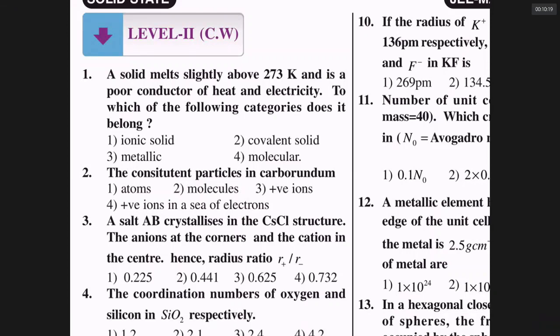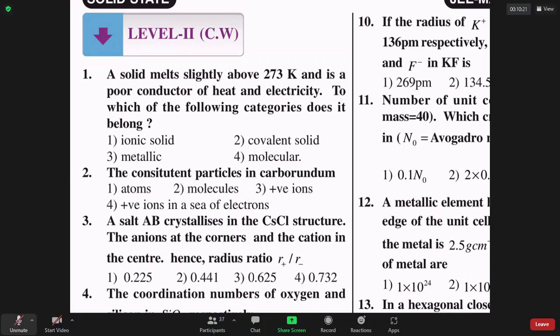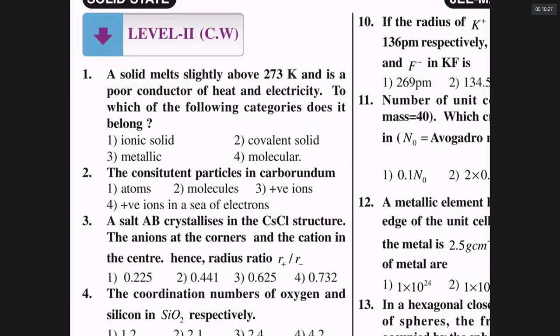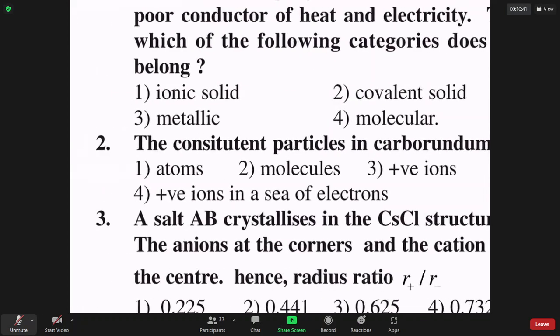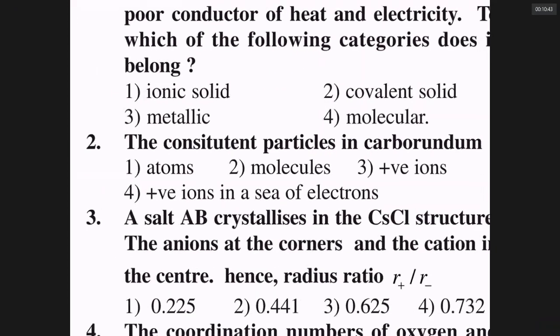The constituent particles in carborundum. Carborundum means silicon carbide, known as inorganic diamond. 14th group, last year you have studied. What are the particles in silicon carbide? They are not positive ions in a sea of electrons; those are in metallic solids. So the answer is not 4, not 3.